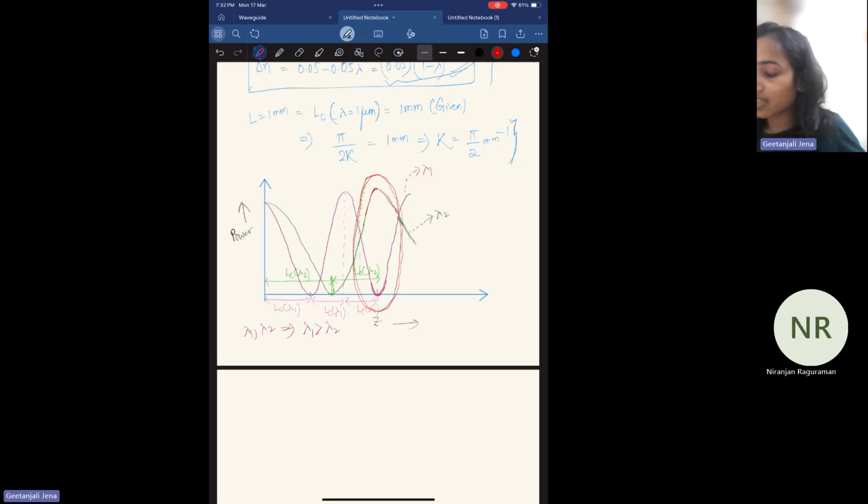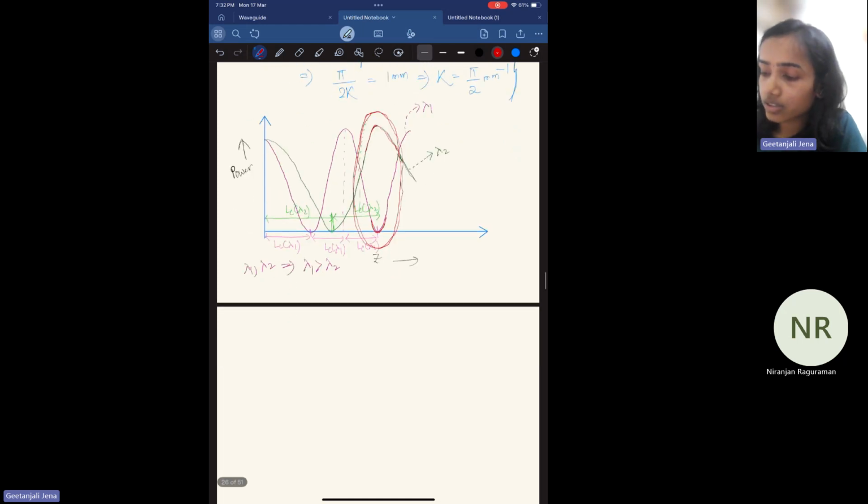So that means this is the length at which we are getting the demultiplexing behavior.